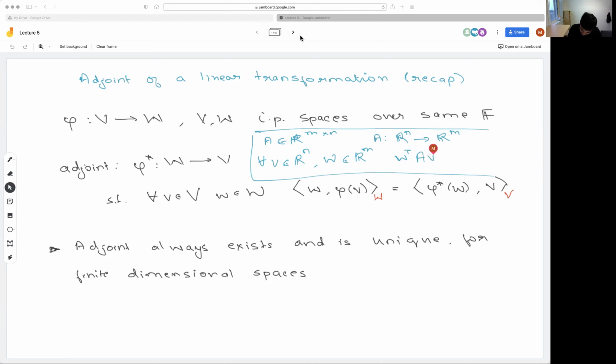what we wanted, if we call A star the adjoint of A, is that the inner product of two vectors in the W space should correspond to the inner product of two vectors in the V space.